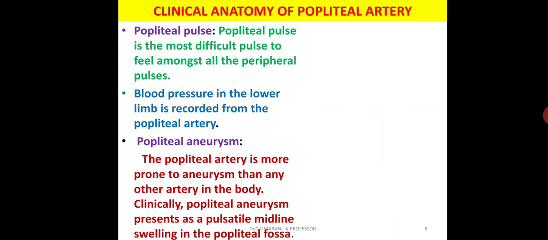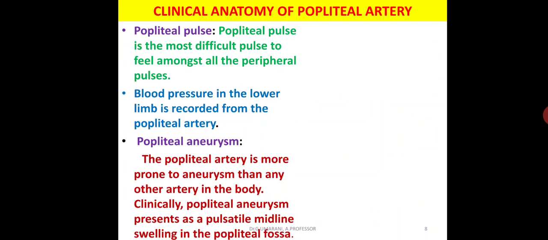So we'll see the clinical importance of the popliteal artery. The popliteal artery pulse can be felt, but it is the most difficult pulse to feel among the other peripheral pulses. Blood pressure in the lower limb is also recorded from the popliteal artery.